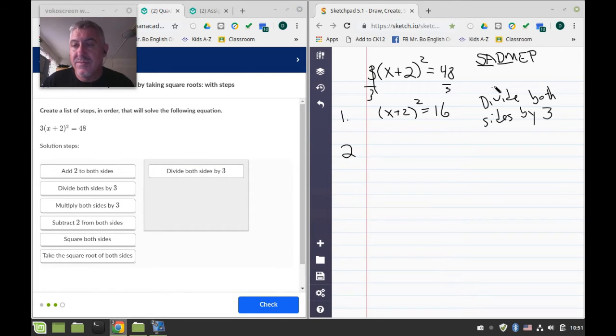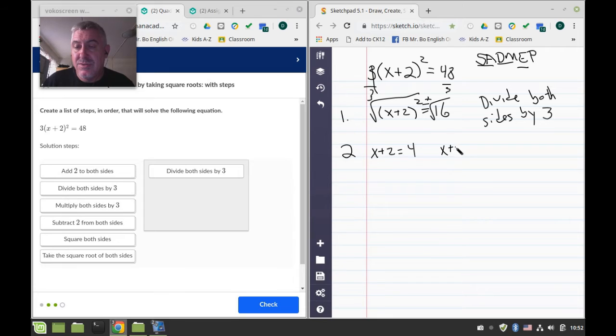Okay, so my next one is exponent. So I'm going to take the square root, because square root and square are inverse, cancel each other out, and so I'm going to have x plus 2 is equal to the positive square root of 16. Remember, there's a positive or negative up here.